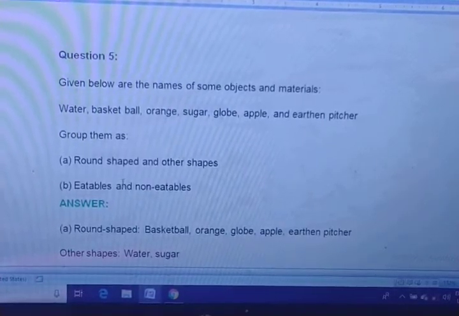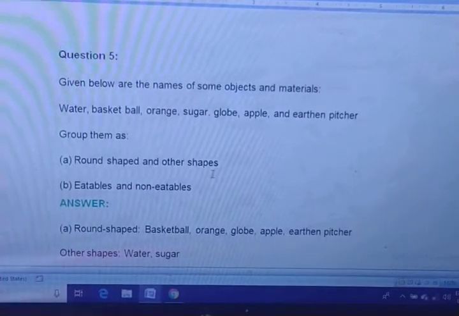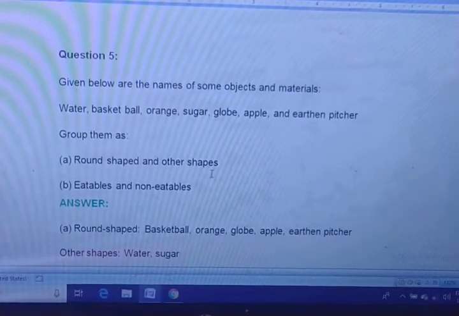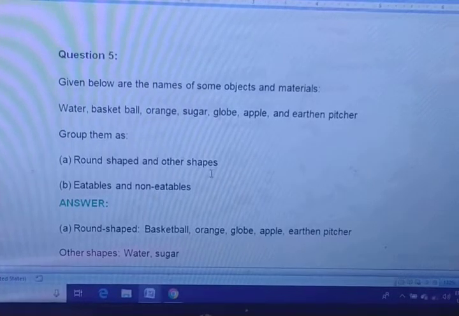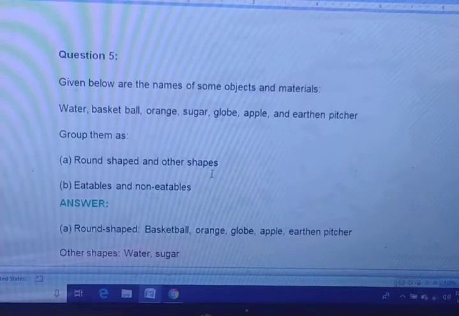Group them as round shape and other shape, eatables and non-eatables. Here there are 2 questions. In one question you have to write which type of shape the object has, either round shape or other shape. And second, you have to write whether these items are eatables or non-eatables.